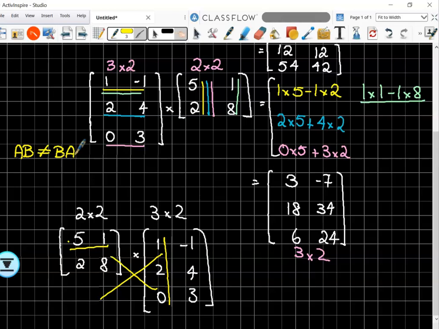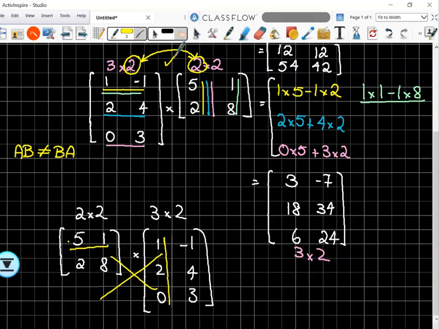When we do our orders like this, can you see if this number and this one, so the number of columns of the first one equals the rows of the second? If they are the same, it will be able to be multiplied, right?